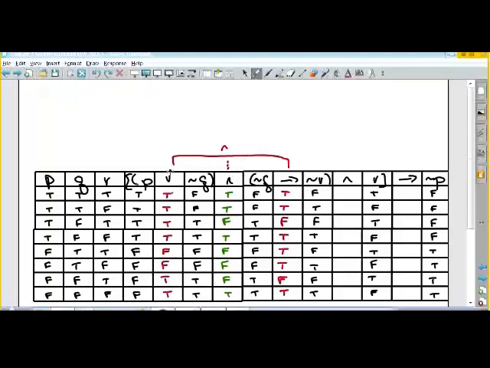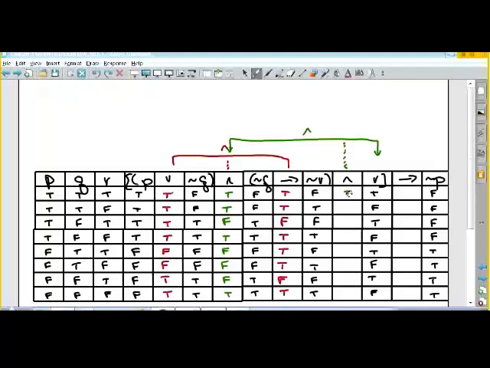Okay, now what we're going to do is compare the result from these first 2 premises connected by the AND, and we're going to compare that with the one remaining. And we'll put the result right there. And again, we're using the AND statement. So again, we stick our fingers on the columns, otherwise we're going to get confused. And we're going to look for the case where we have true in both columns.